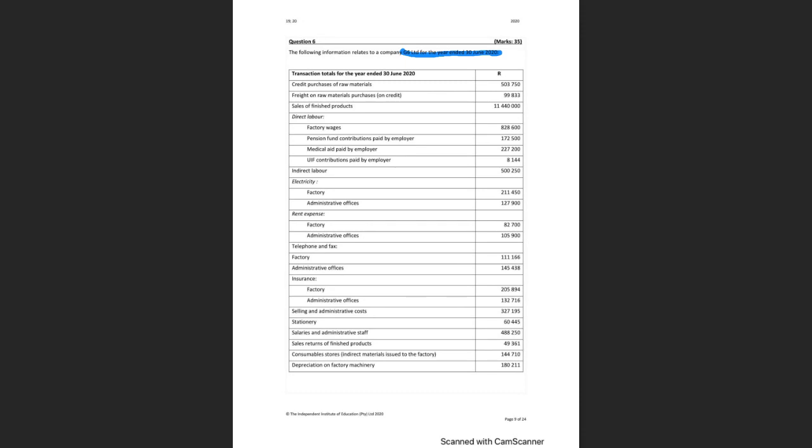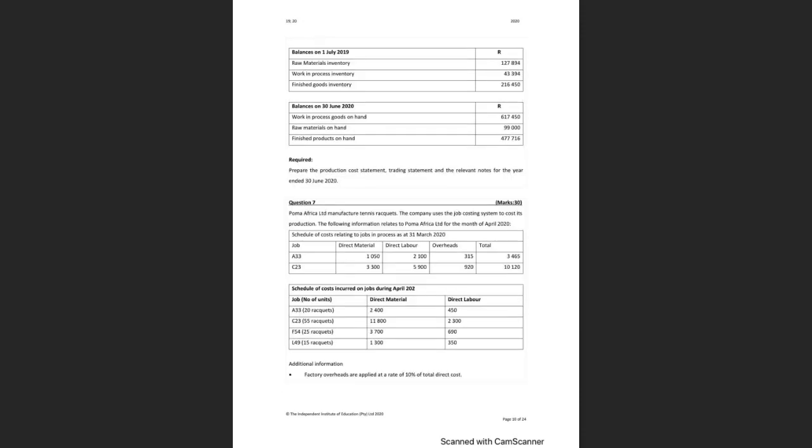They've given you all the transactions, and on the next page, they've given you your opening balances here at the top, and then your closing balances here. And they said to you, prepare the production statement, production cost statement, trading statement, and the relevant notes for the year ended 30th June 2020.